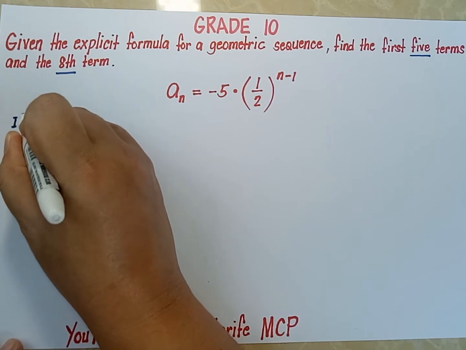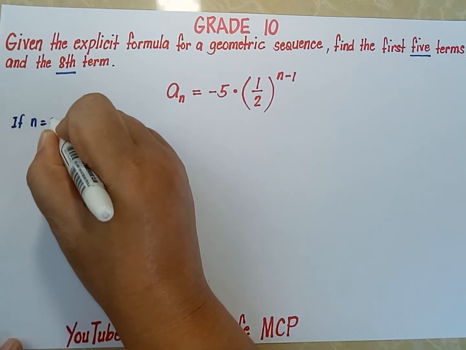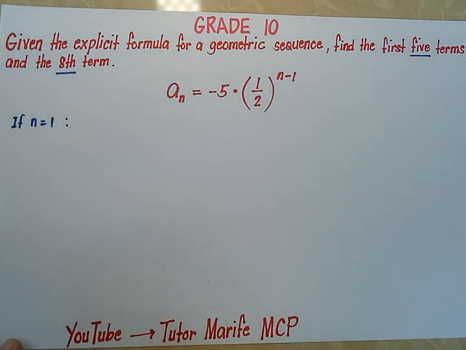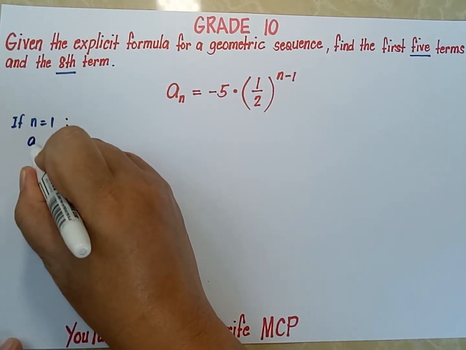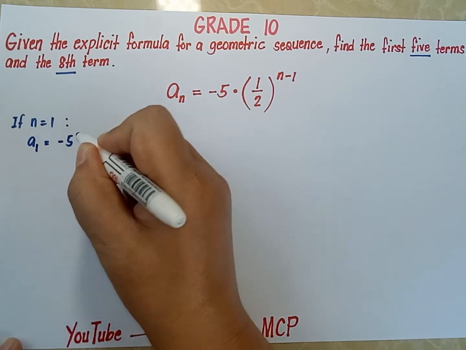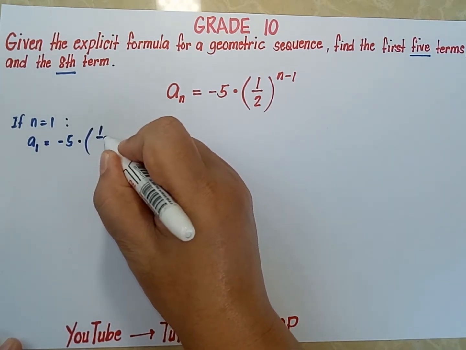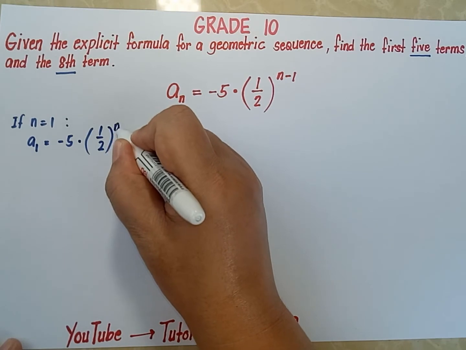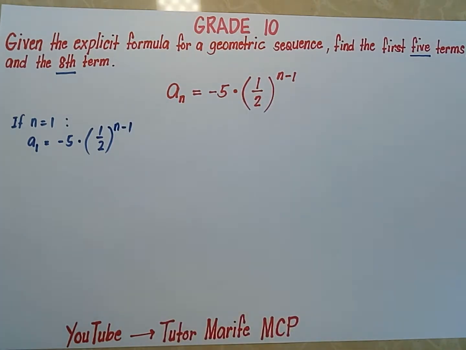That is, if n equals 1. So, plug in: a sub 1 equals negative 5 times 1/2 raised to n minus 1.